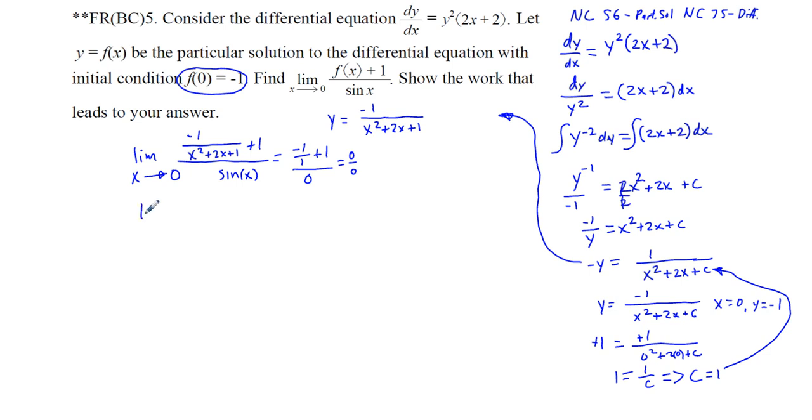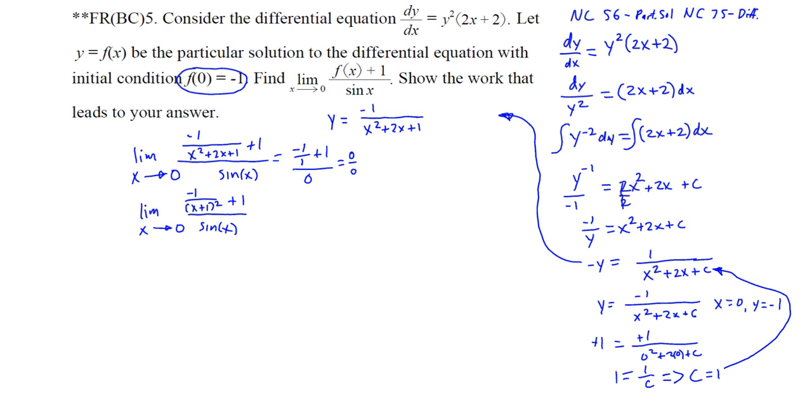So we have the limit as x approaches 0 of negative 1 over x plus 1 quantity squared, plus 1, and then we have sine x. And now we'll just take the derivative of both of these.